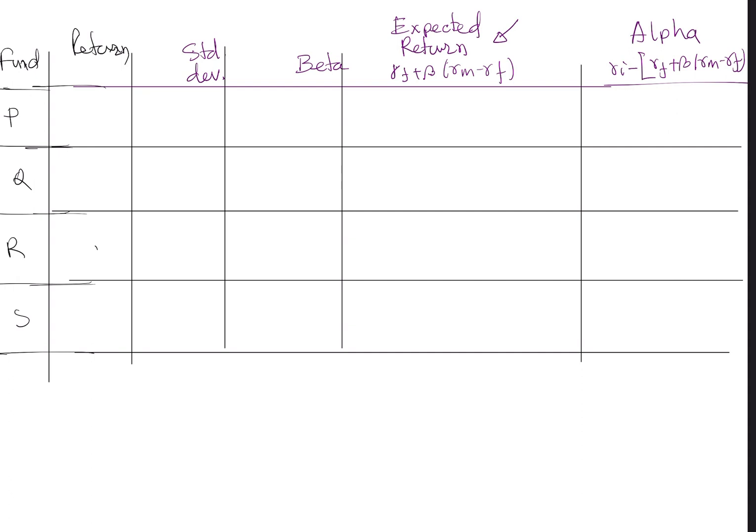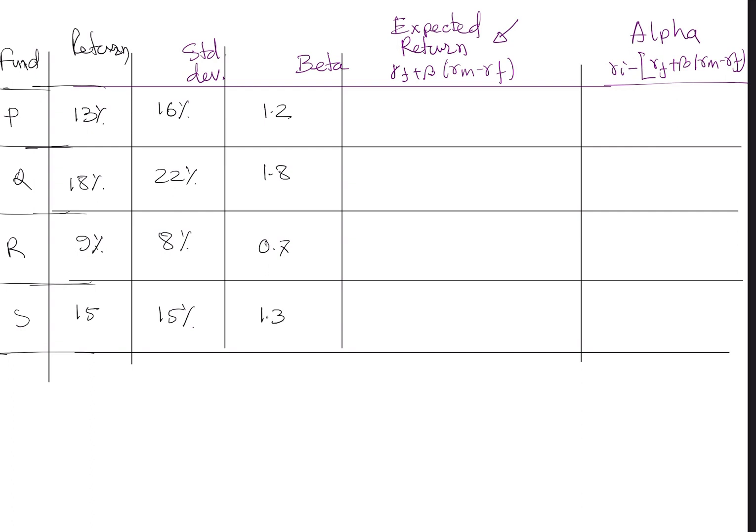So the return we're given is 13%, 18%, 9%, 15%, and standard deviation is 16%, 22%, 8%, and 15%. Beta for P is 1.2, 1.8, 0.7, and this is 1.3.